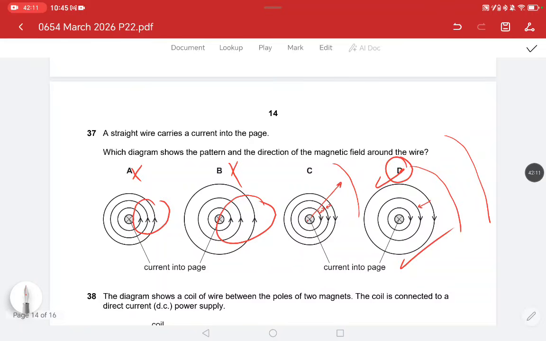So remember the Fleming left-hand rule: the thumb is the motion or the force, and your index finger is the magnetic field. Usually the magnetic field in the magnetic bars goes from north to south.